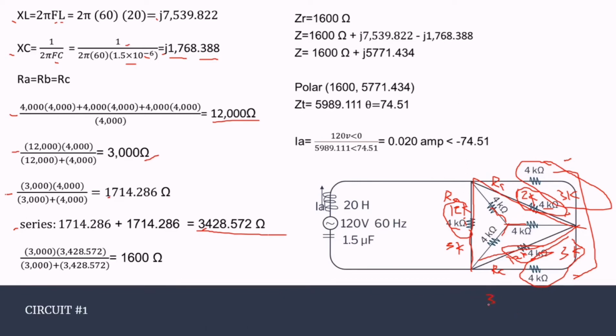So 3,428.572 ohms is parallel to 3K in this side.